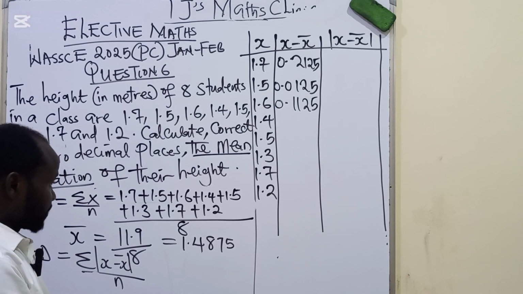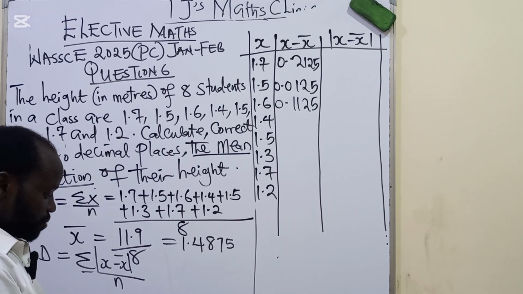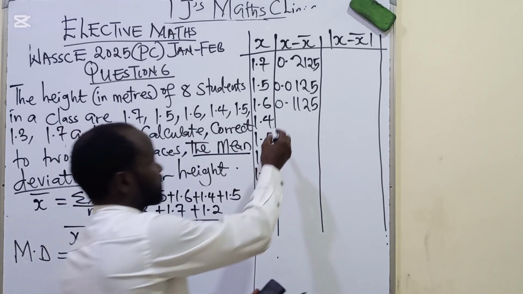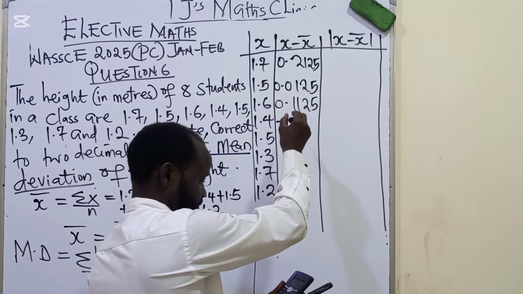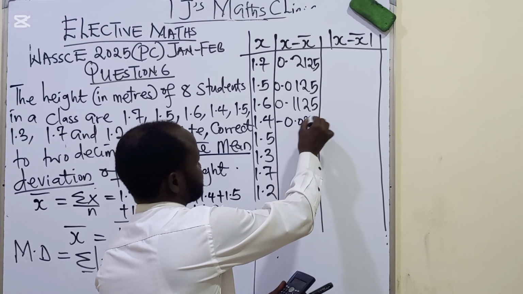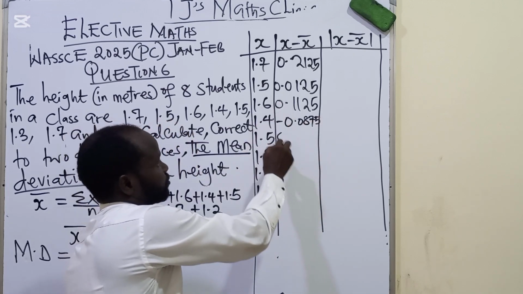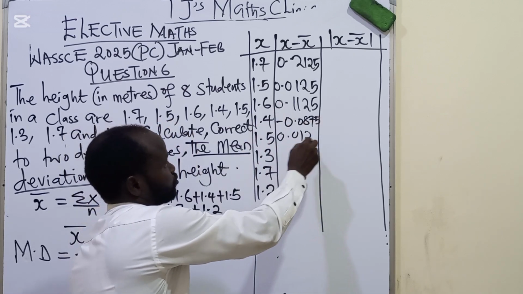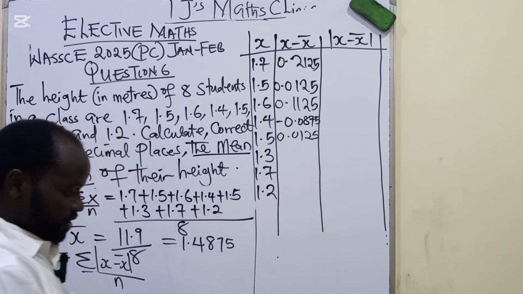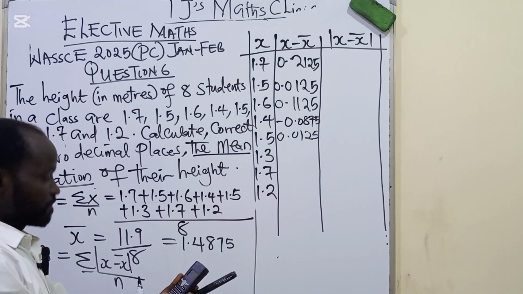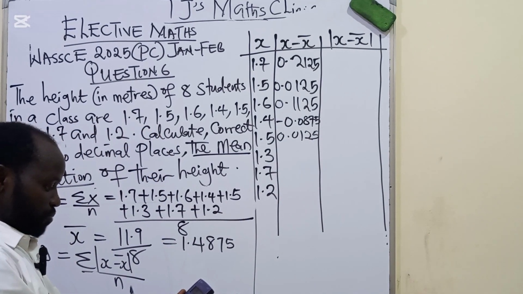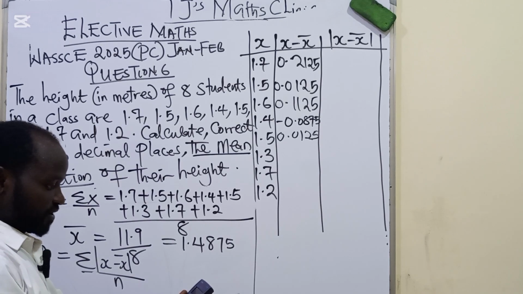Next will be 1.4 minus 1.4875. We'll have minus 0.0875. For 1.5, we have the same result, 0.0125. Next, 1.3 minus 1.4875.